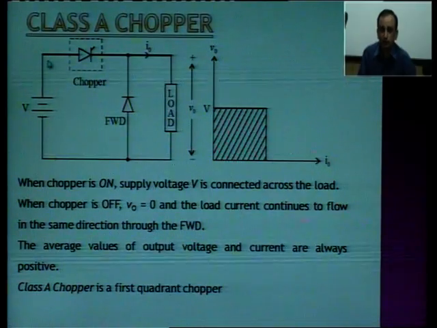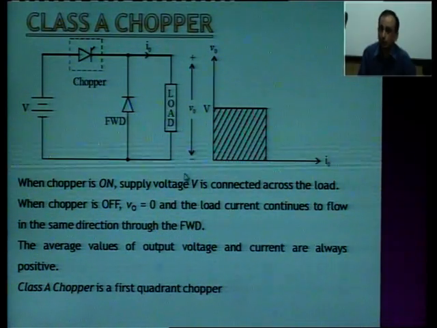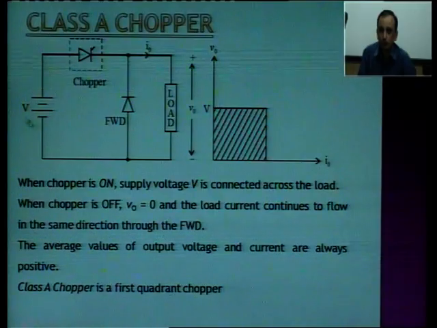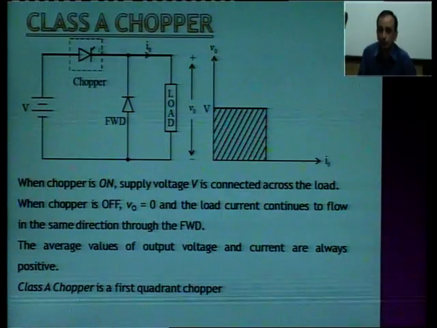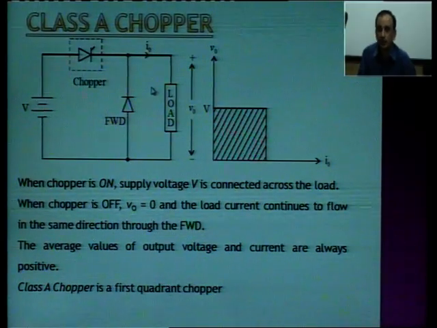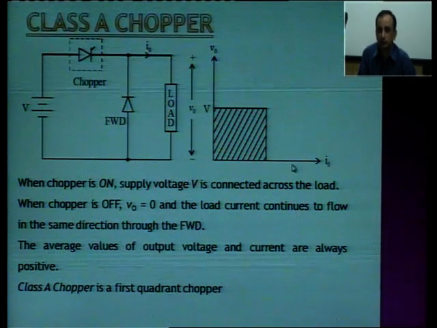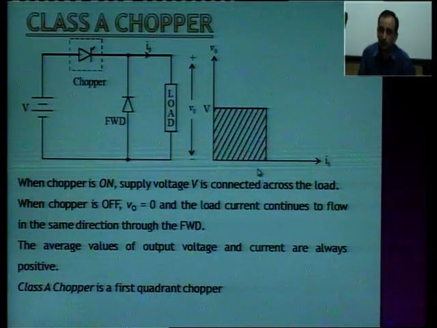Whatever voltage is here, the same voltage appears across the load. So, the voltage at this point of time is positive. Similarly, the current flowing through it is forward, so we say it is positive current. The forward current and the forward voltage mean this is operation in the first quadrant.